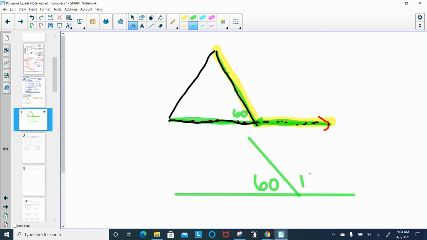And we know that this one is going to be 120 because linear pairs always add up to 180. So if we know an interior angle, we know the corresponding exterior angle by subtracting it from 180, which is kind of cool. That's a very nice relationship.